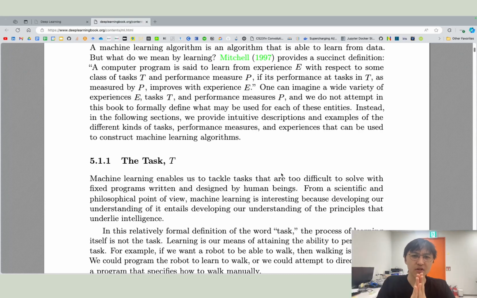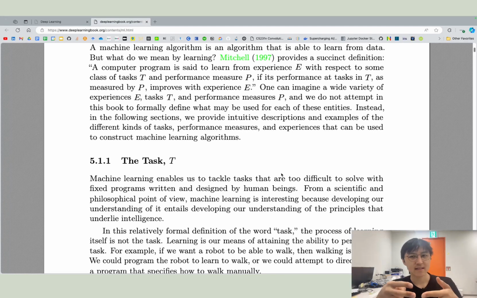Machine learning generally is divided into three sections, but there is no obvious wall between these concepts. They are interconnected actually, but we prefer to separate them as supervised learning, unsupervised learning, and reinforcement learning.